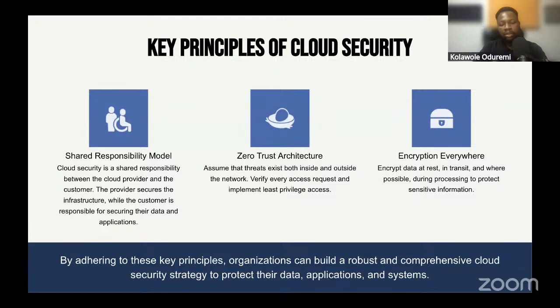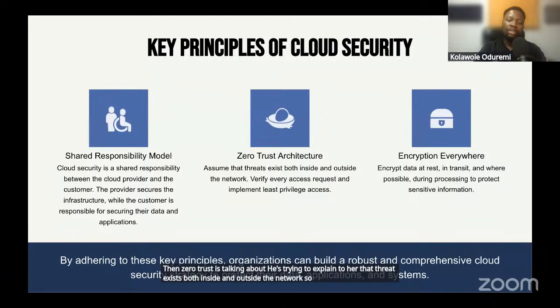Then zero trust is trying to explain to us that threats exist both inside and outside the network. So you need to set up a system that verifies every access request and implements least privilege access.